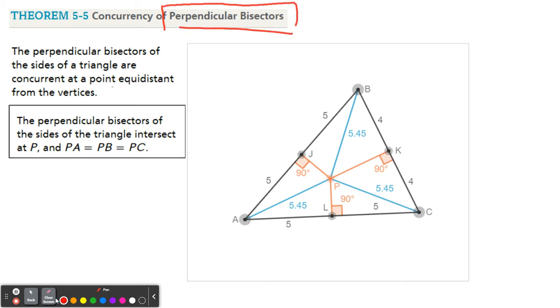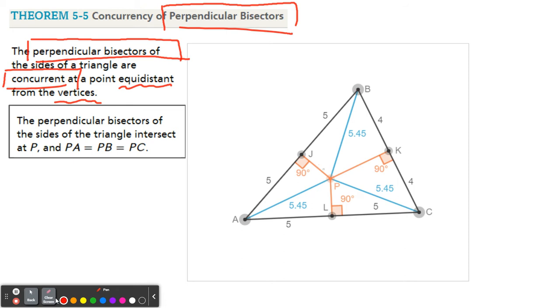It says that the perpendicular bisectors of the sides of a triangle are concurrent at a point equidistant from the vertices. Equidistant from the vertices. So in this picture here, we have 3 perpendicular bisectors.